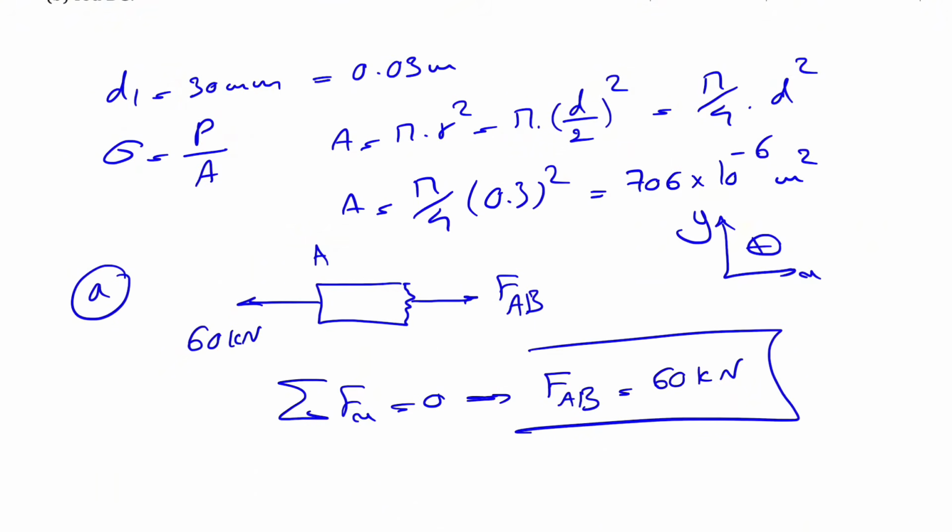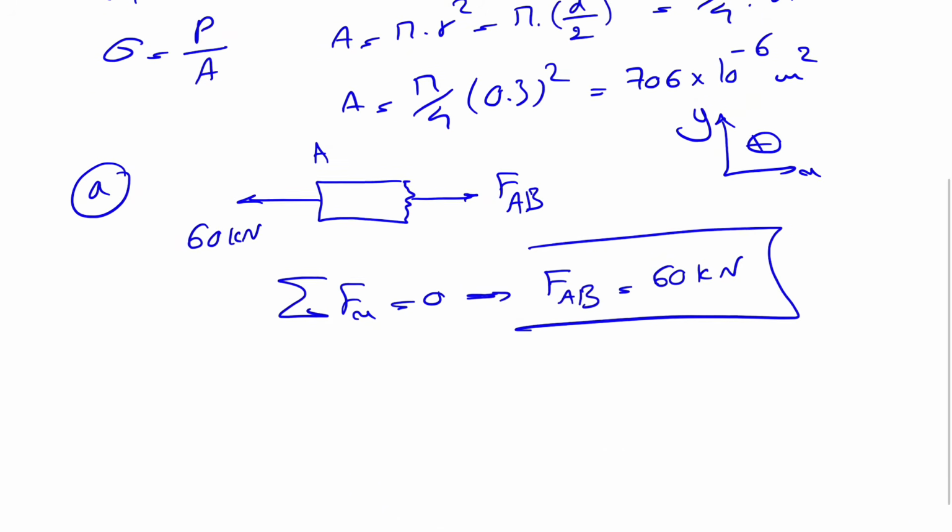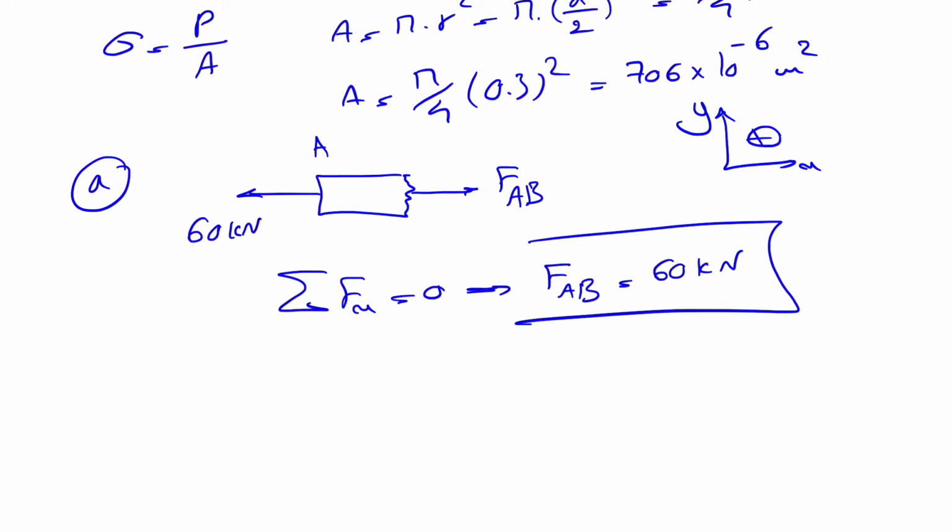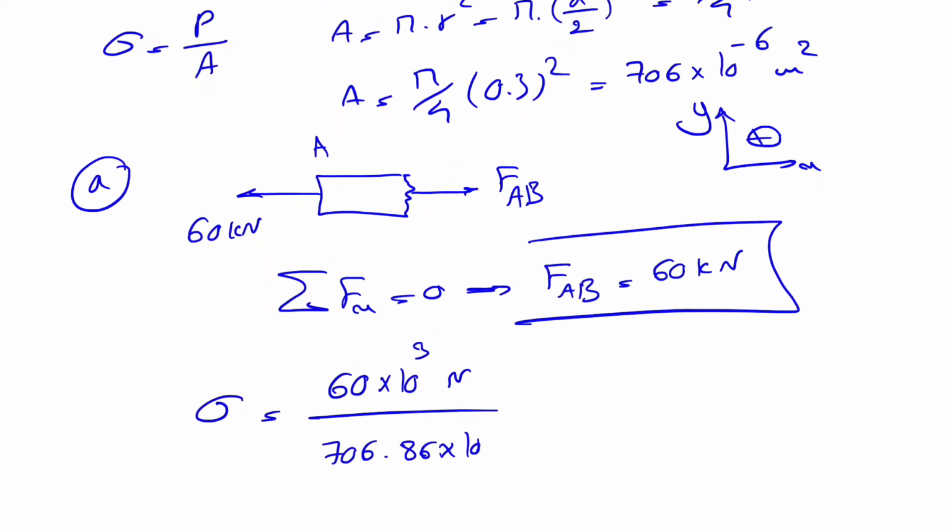Now that we have FAB, it's easy to find the average normal stress. The force is 60 kilonewtons, so 60 times 1000 newtons divided by 706 times 10 to the minus 6 meters squared.